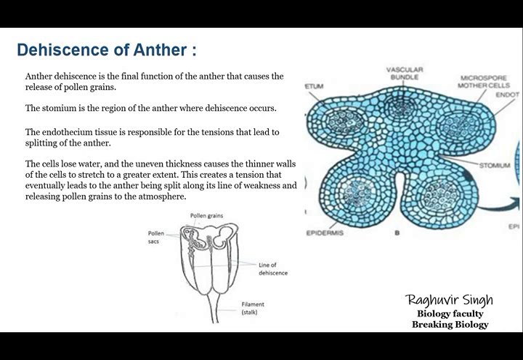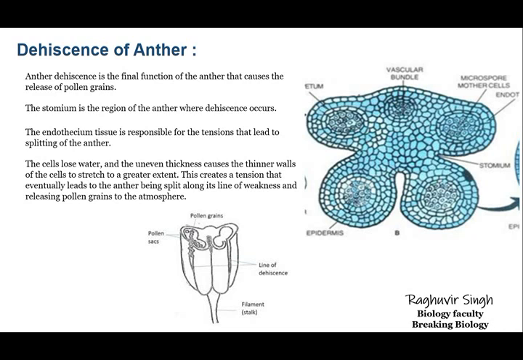In the beginning, the middle layer degenerates due to absorption of food by the tapetum. When microspores are formed in the pollen sacs, Ubisch bodies are formed in the tapetum and then the tapetum degenerates. So in this way, a mature anther basically has two layers only, an epidermis and an endothecium, because the tapetum and the middle layer degenerate.